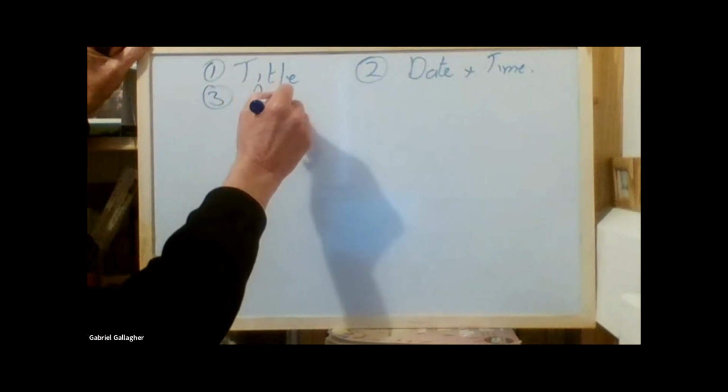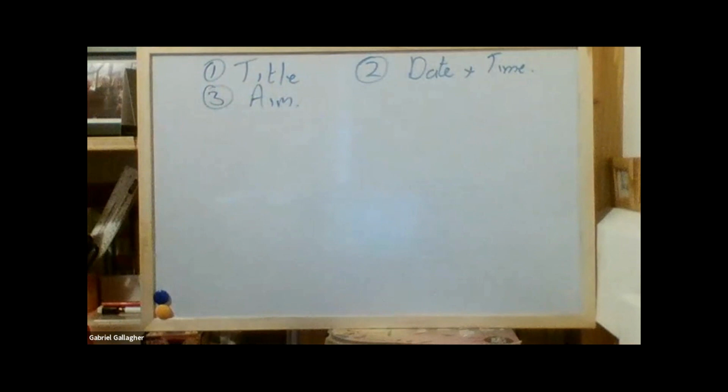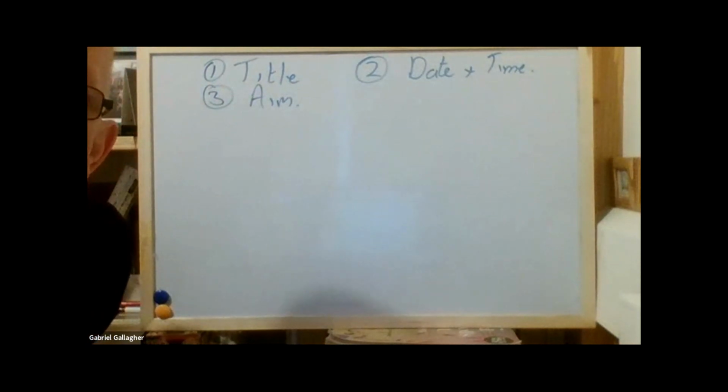Aim, very important. The aim is what you're trying to find out. Every experiment has a goal to it. In general, a lot of them, you're trying to find out the value of something. I'll give you an example. The first experiment you do in the next week or two will be to determine the acceleration due to gravity.